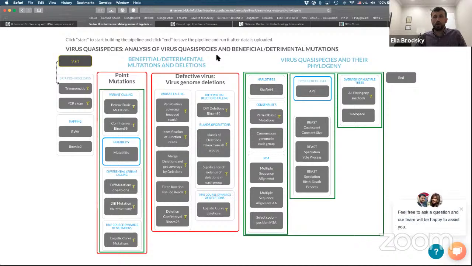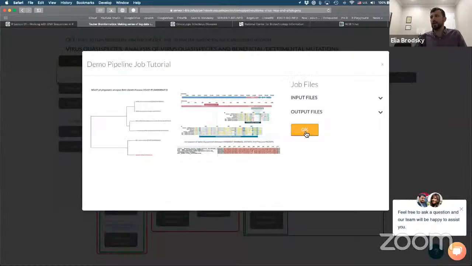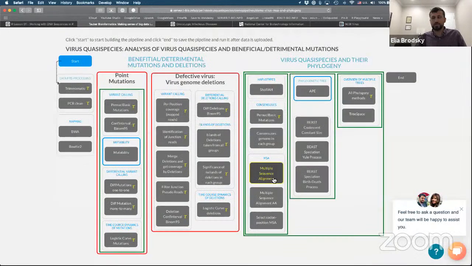Here you can see a combination of multiple types of use cases for different types of data. For example, you can start here and analyze data using multiple sequence alignment. Multiple sequence alignment is done on FASTA files. You have to have assembled sequences, so you already know what the full sequence is, and you want to align them to each other.